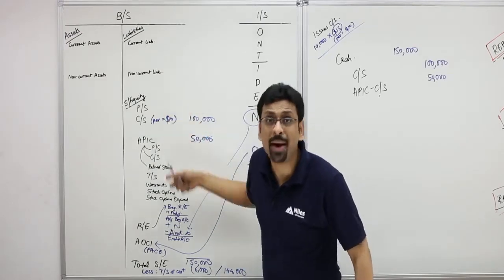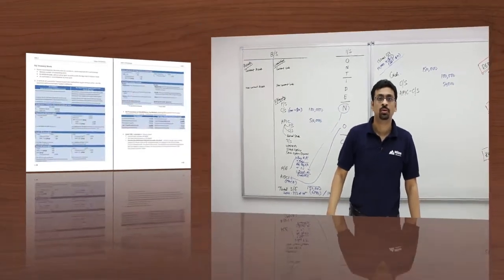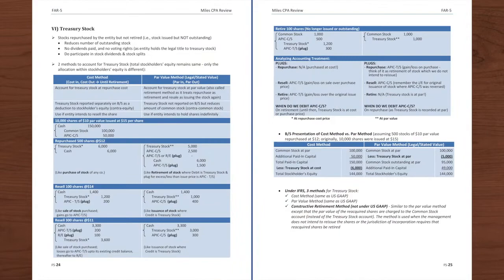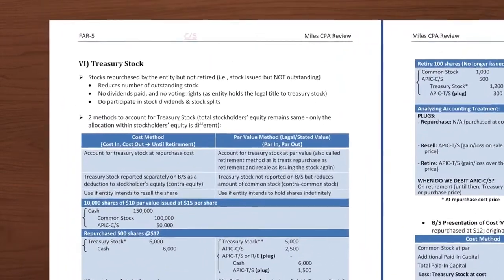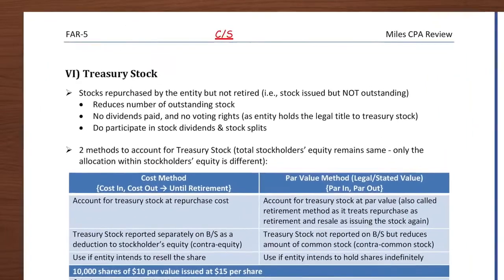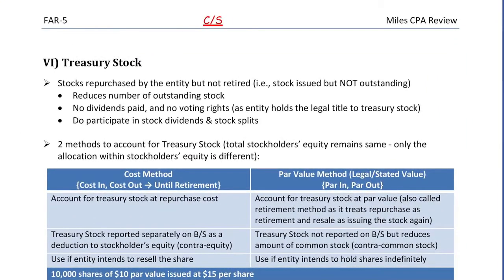Also look at this balance sheet presentation. We're looking at treasury stock on page 24. Right there, common stock, authorized 15,000. So let's say the entity is legally authorized to issue 15,000 common stock. Issued 10,000.